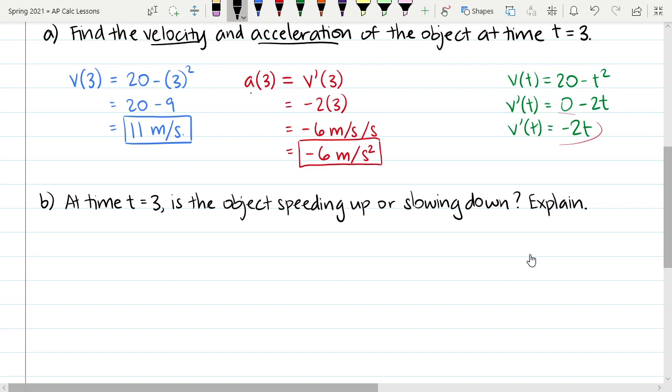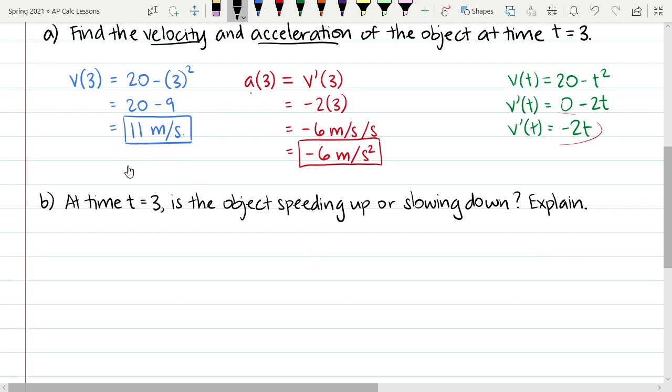Having a positive answer might indicate we're moving to the right. Having a negative answer might indicate we're moving to the left. So to determine whether an object is speeding up or slowing down, we have to pay attention to how the signs of both velocity and acceleration compare.